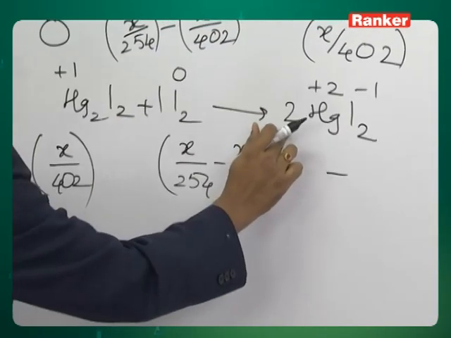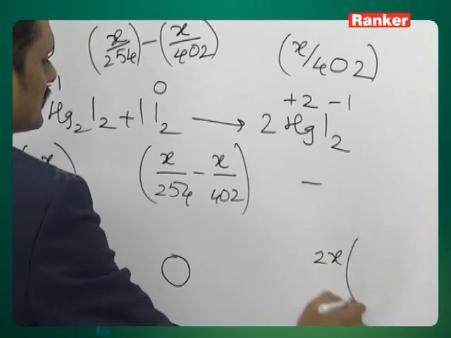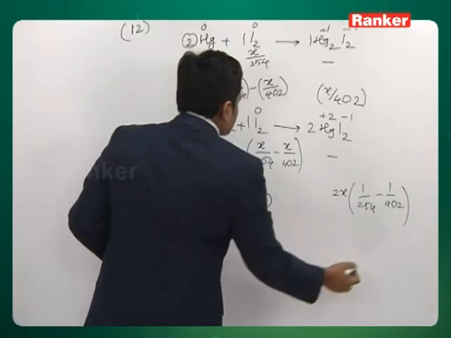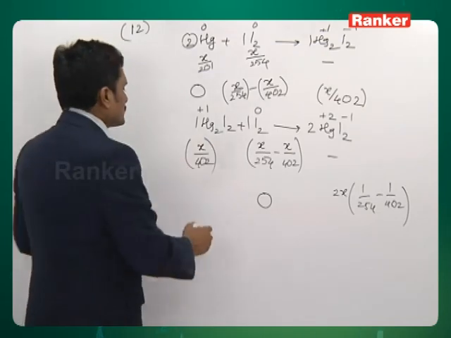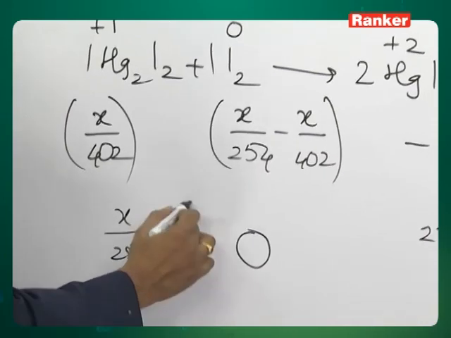For every 1 mole I get 2 moles of mercuric iodide. For every this much, I will get double of it, that is this much. For every 1 mole of mercurous iodide that has reacted, for every x by 254 minus x by 402, the same amount of mercurous iodide will react.